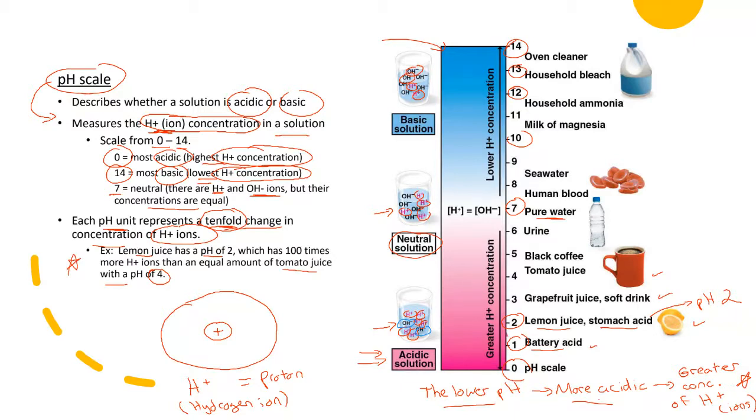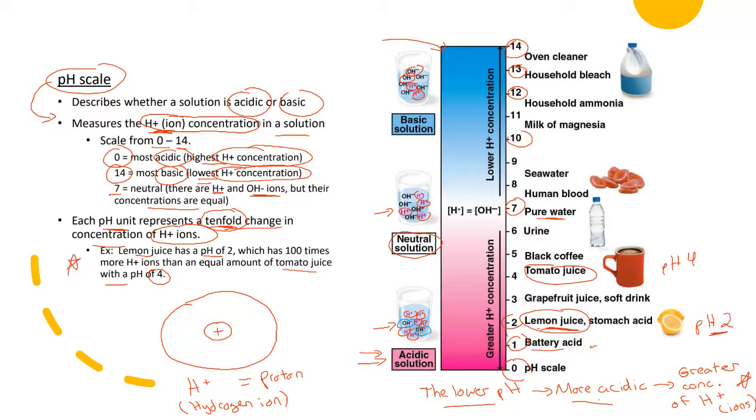Actually, I'm going to erase this really quick just to make my point. If you compare lemon juice with tomato juice being a pH of 4, so a pH of 4 versus a pH of 2, what is the difference?